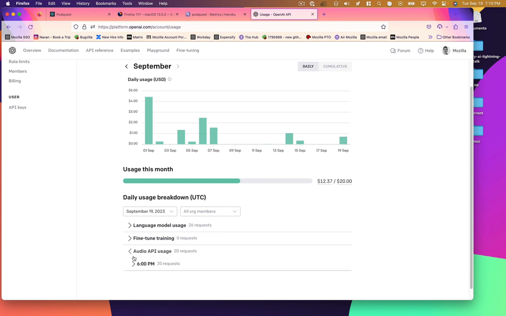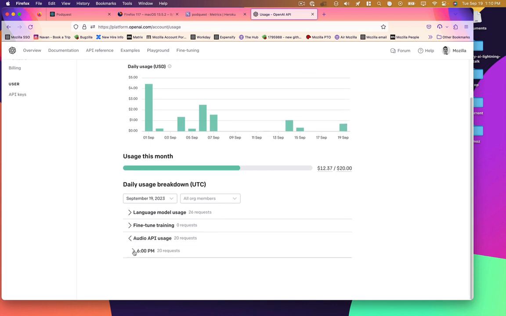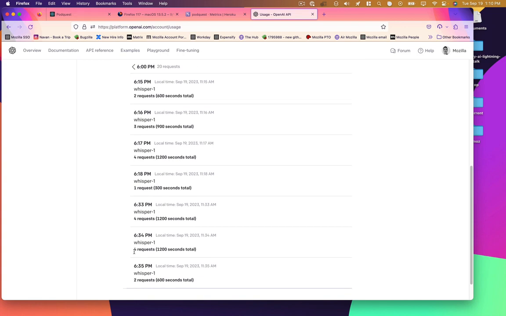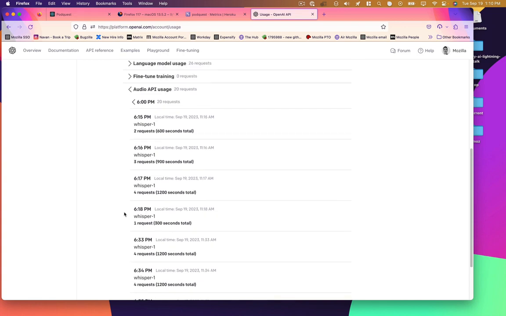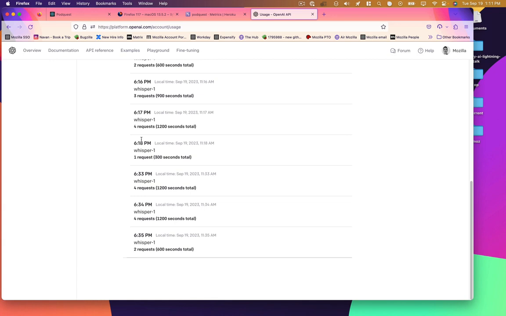of that. So the first thing that we did was we used the Whisper API to transcribe the podcast. And again, we started around 6:30, so it's going to be this chunk here. So 4 requests, 2 requests.